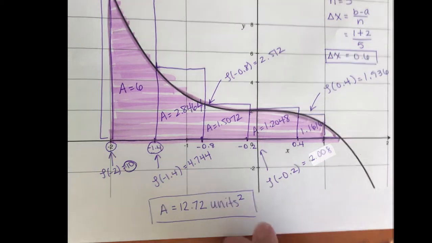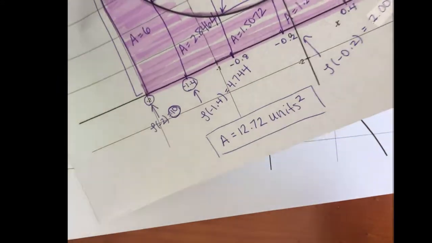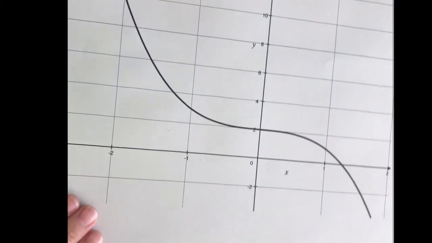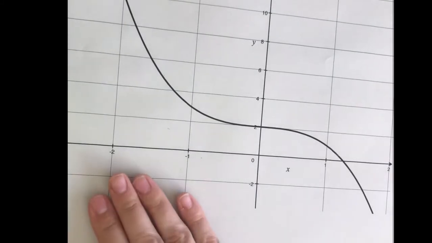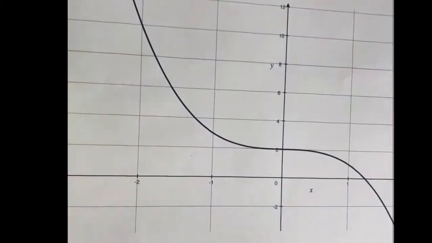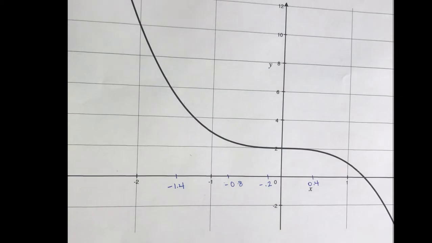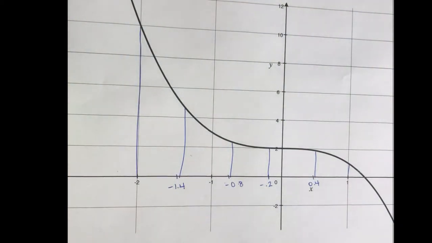Now, if I were doing this problem and I was asked to find right-sided rectangles, we would be doing the exact same process. The width doesn't change. The width comes from the number of rectangles and the interval, so my width is still 0.6. Now let's talk about how to build the right-sided rectangle.